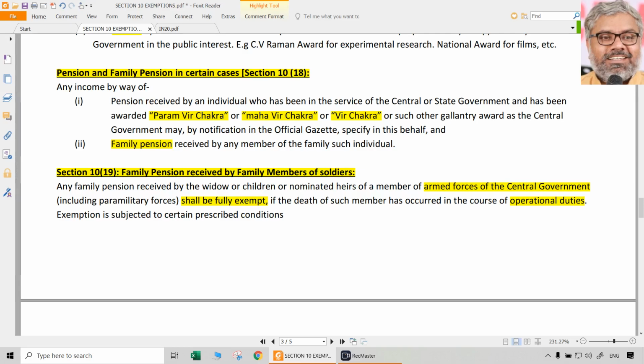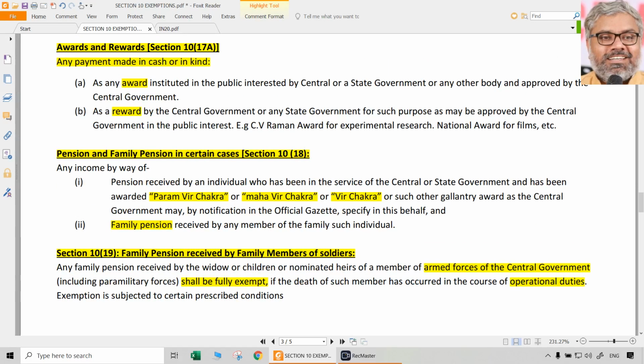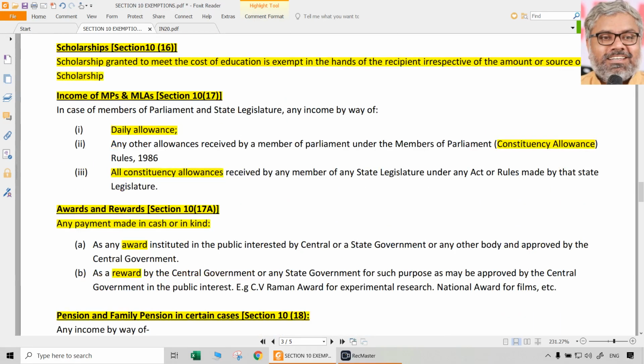Not only conditions, but still can't help it. Law is law. In general, we can understand most of the people's family pension, particularly the soldiers and armed personnel's wives and children, if they are receiving the family pension, that would be exempt in general, we can say. And those who received gallantry awards or their families also will have exemption applicable. So normal things, these are all generic things.